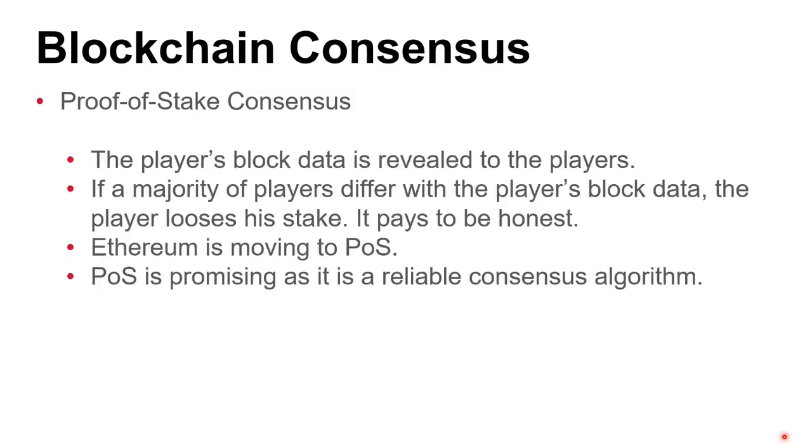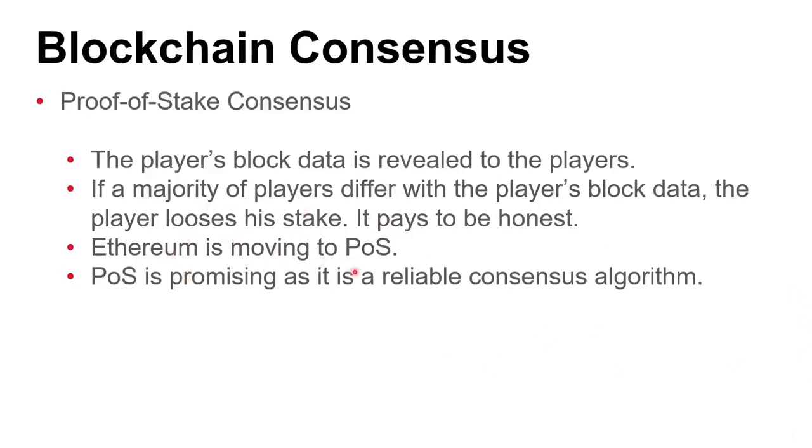The player's block is revealed to the other players. And if the majority of players differ with the block data, the player loses the amount of cryptocurrency he or she put up. So the stake is lost. So it certainly pays to be honest.